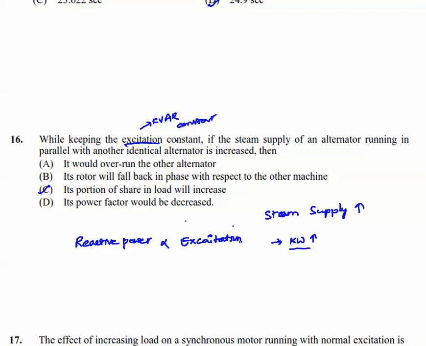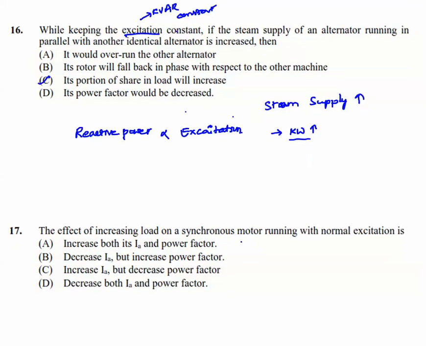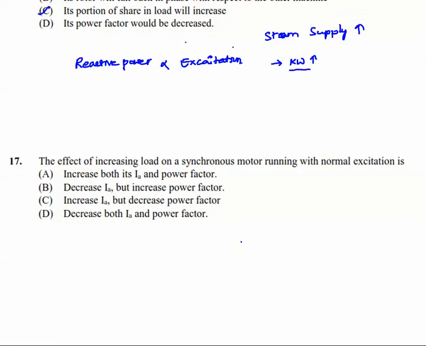And the next question on screen is: the effect of increase in the load on a synchronous motor running with normal excitation is? If we observe the V curves and inverted V curves of a synchronous machine, on the x-axis we take excitation, and on the y-axis we take the power factor and the armature current, like this.